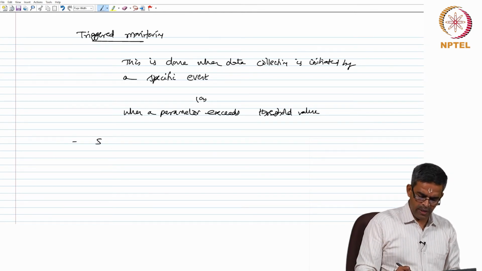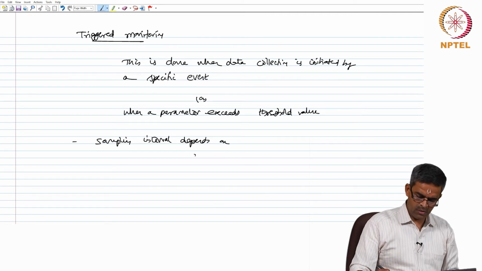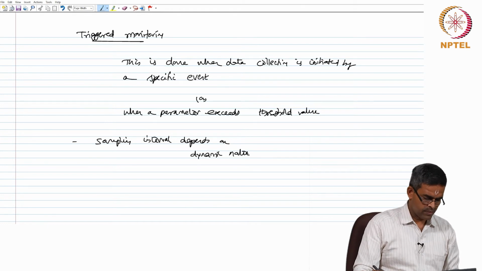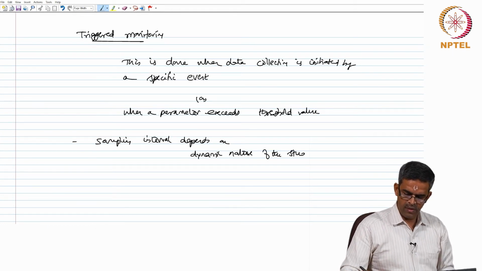In triggered monitoring, sampling interval depends on the dynamic nature of the studied or examined phenomenon.